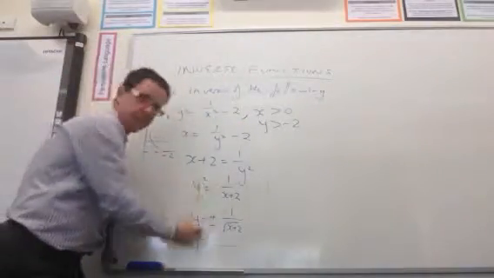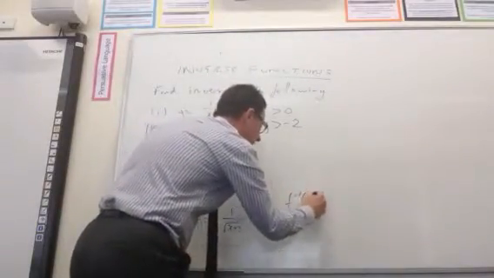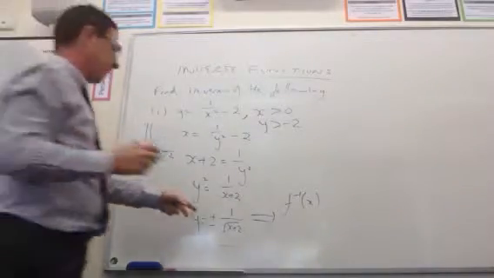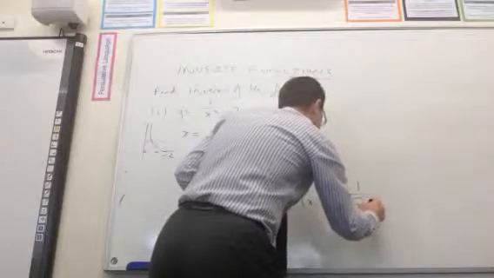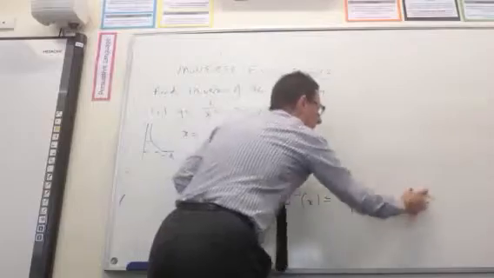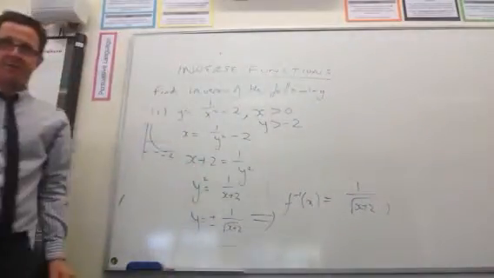I've now gone to my inverse function. So now we go formally f to the negative 1 of x, because that's how we write inverse functions instead of y, equals, I'm going to put this in, and I still have to make a decision. I'm going to put a positive or negative here. But what has to happen here? What's the domain for that?